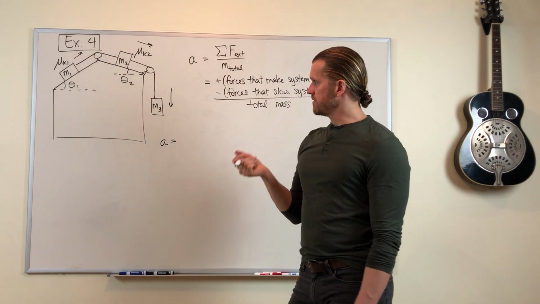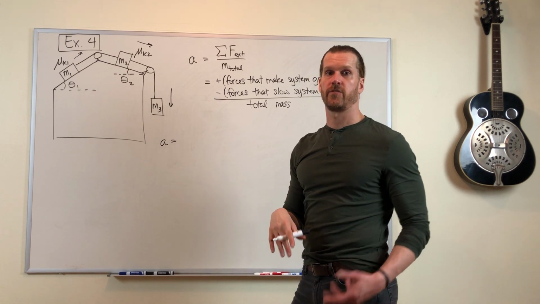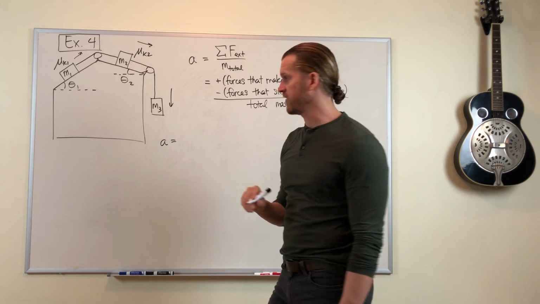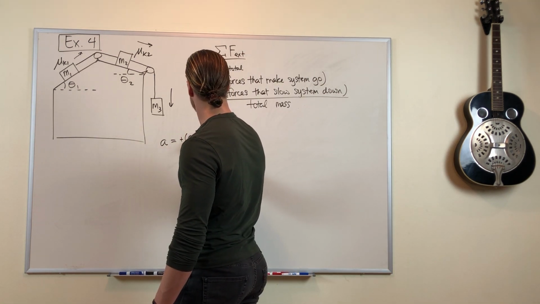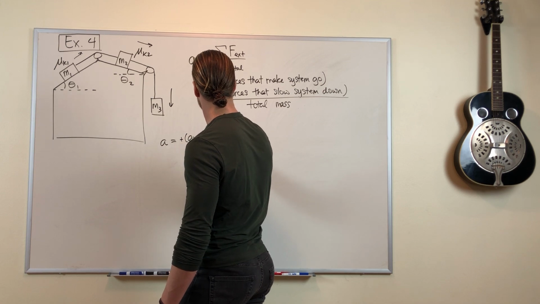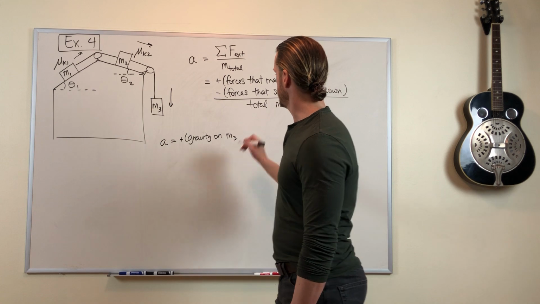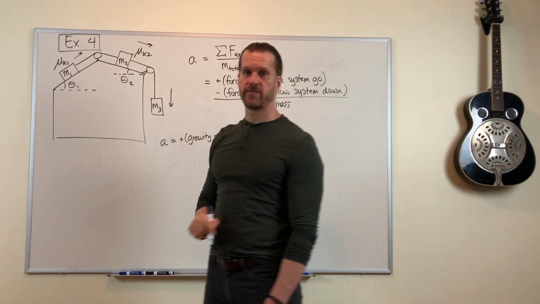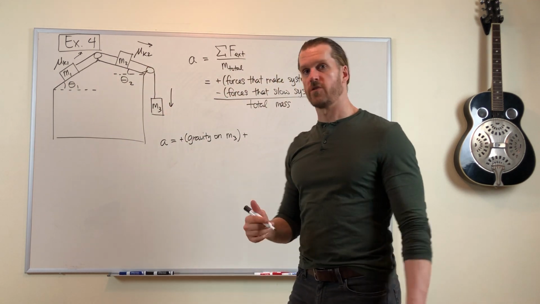If that's the case, then the forces that make things speed up would be the gravity force pulling on mass 3, and the gravity force on mass 2 along the slope.